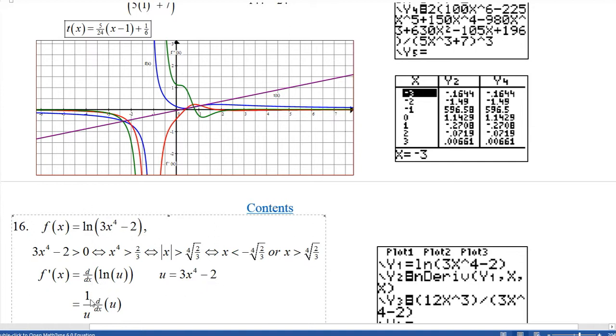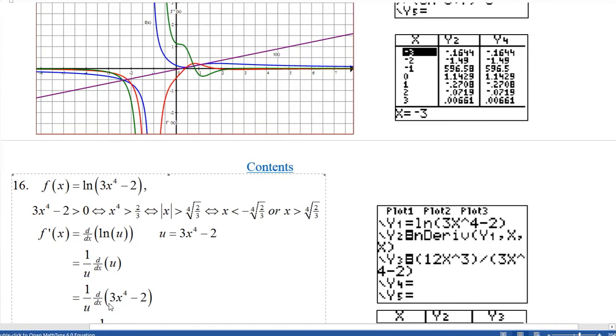Well, the derivative of log u is 1 over u times the derivative of u, provided the u is positive. And again, u is positive exactly for these x's that we talked about. So notice we use the logarithm rule and the chain rule here.